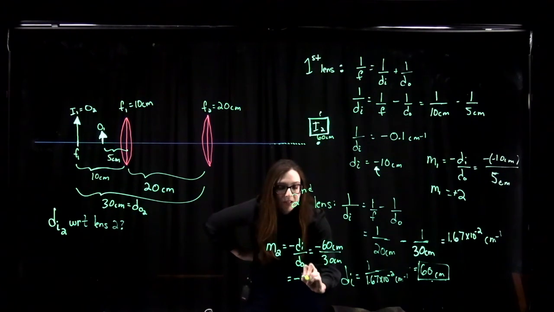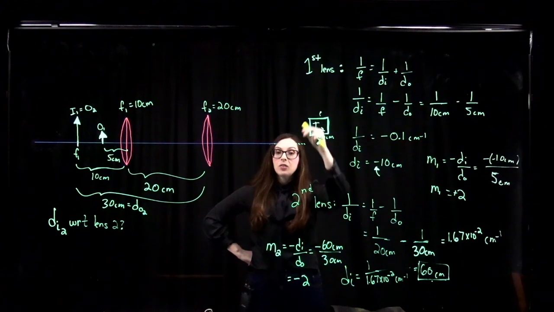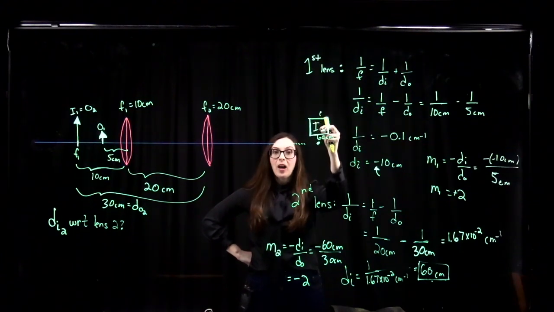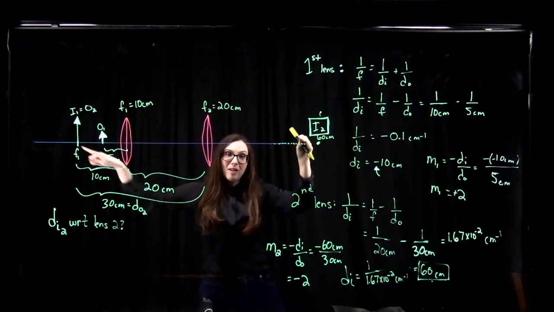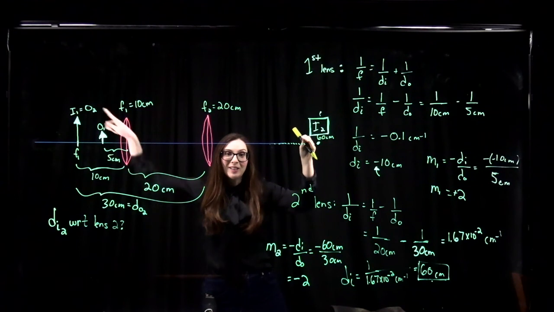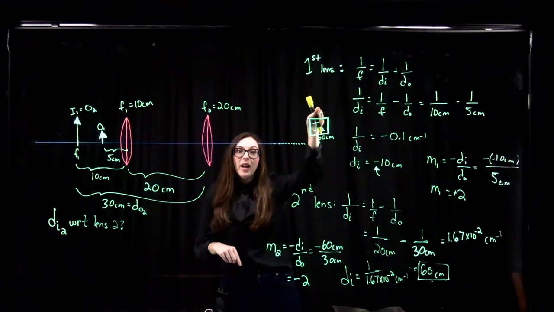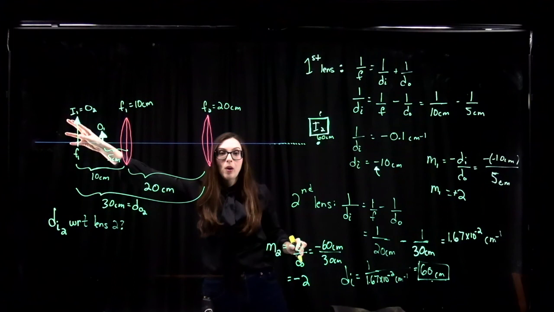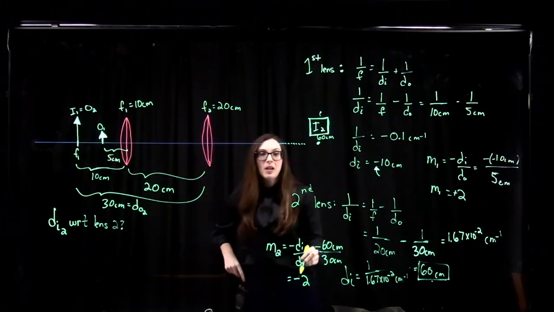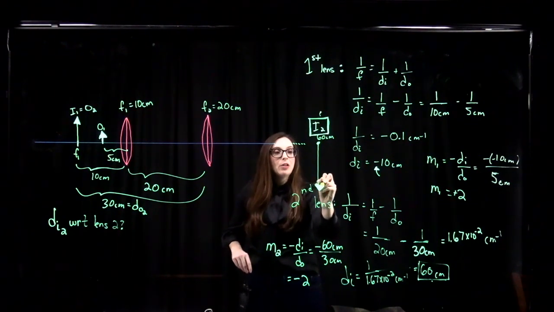That gives us minus 2. So this image is again magnified by a factor of 2 from this right here, which was the object for our second lens, which was the image for our first lens. Then that means that this final image over here is going to be twice what this one was over here, and it's going to be upside down. So this one's actually going to be upside down like this and pointing that way. It's going to be enlarged by a factor of 4.